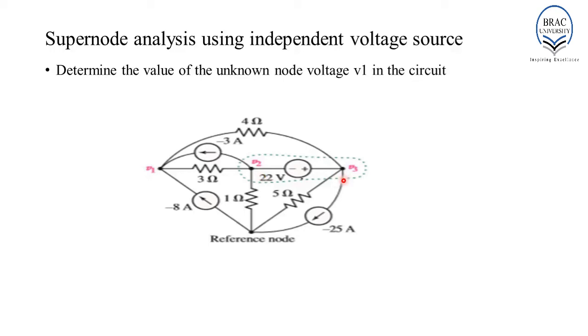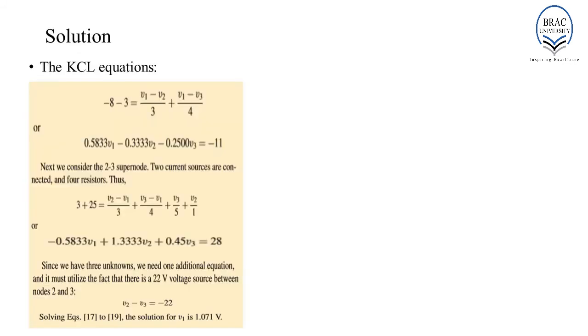Generating the 3 linear equations by using KCL and then solving them, we can easily determine the values of V1, V2 and V3. The solution is given over here. Please go through the solution very carefully.